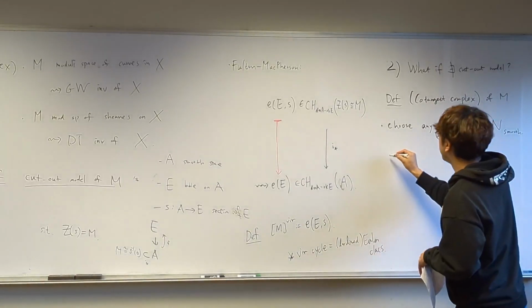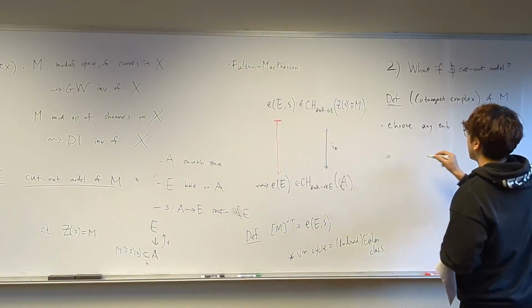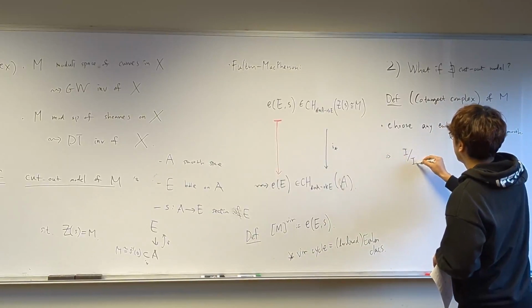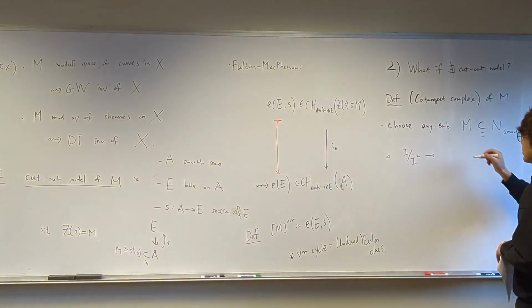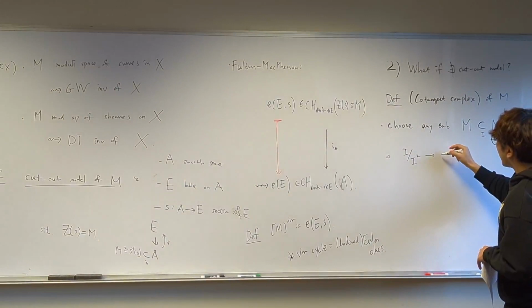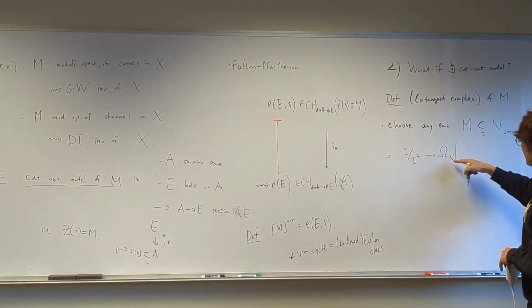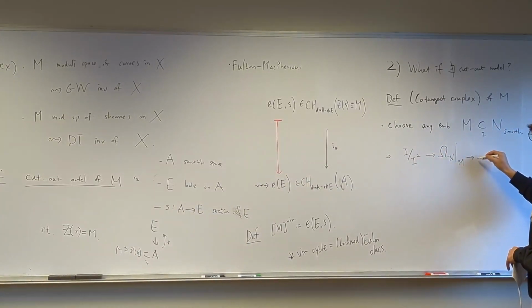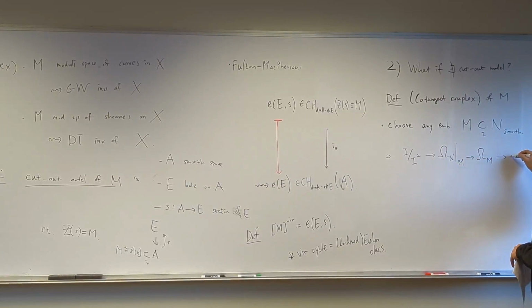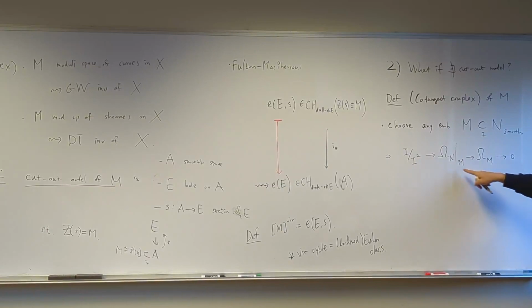Then we have this sequence of O_M-modules. Here we have the Kähler differentials of N restricted to M. Since M could be singular, this need not be locally free, but N is smooth.